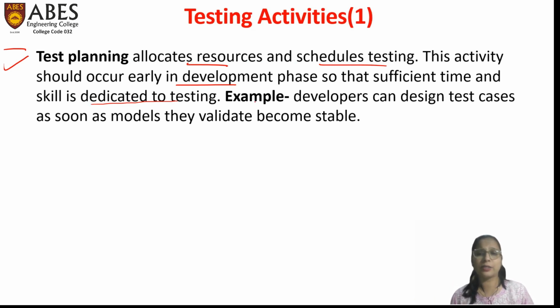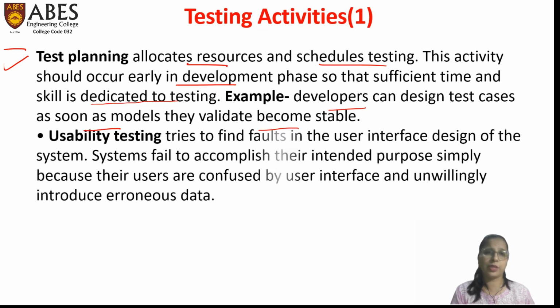If the test plan is not made properly, you have to redo it again and again, right? For example, a developer can design test cases as soon as the model they validate becomes stable. So whatever models they have developed, they can design test cases after that part becomes stable.